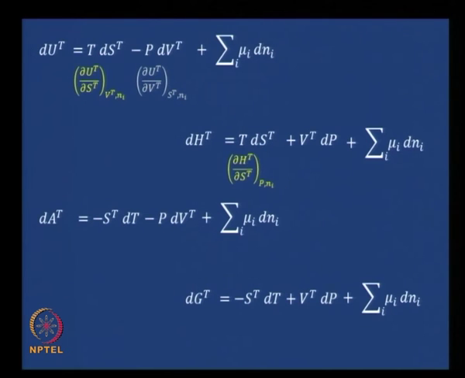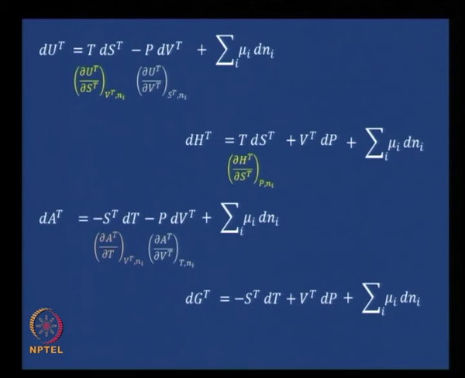Similarly, this term P can be written as ∂U_t/∂V_t at constant S_t and n_i. The same P here which appears in this other equation can be represented in terms of the Helmholtz free energy as ∂A_t/∂V_t at constant T and n_i. Now you get the scheme with which we are going to do things.